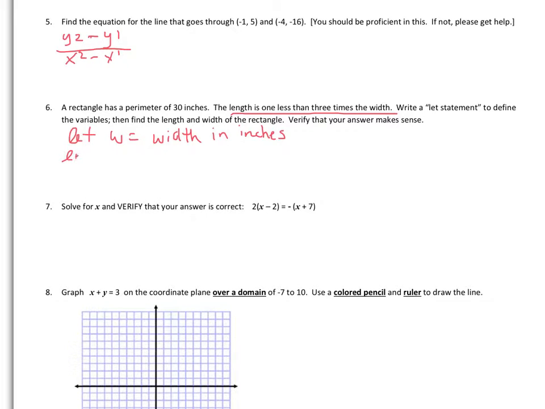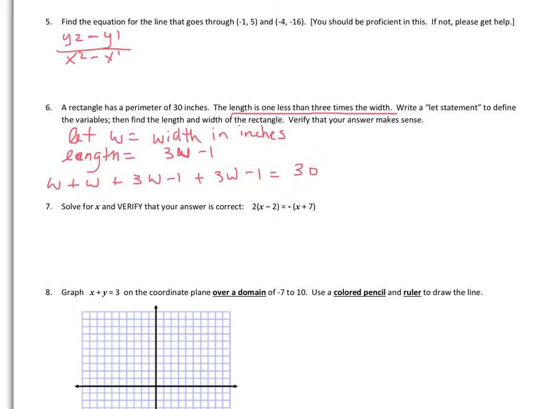So length equals 3W minus 1. So we know that W plus W, one width plus the other one, plus 3W minus 1 plus 3W minus 1, there's my 2 lengths, is equal to 30. I'll let you solve that.